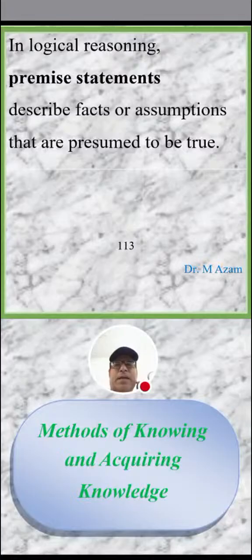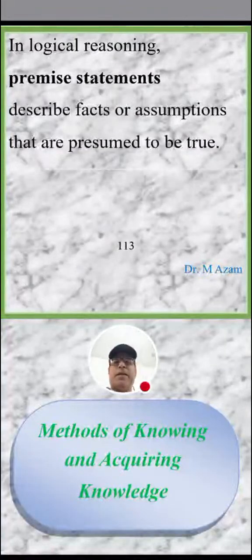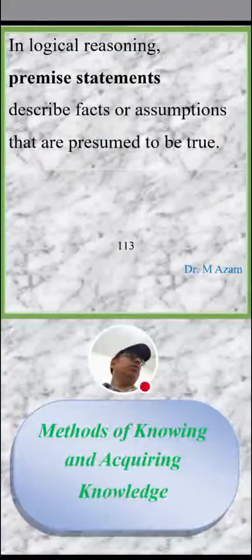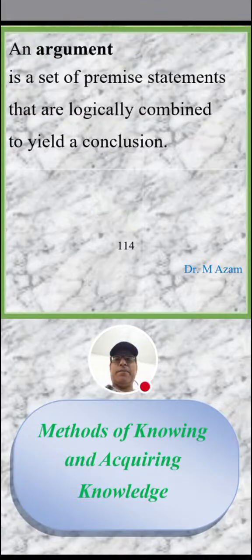One statement is a premise. Two statements are premises. They describe facts or assumptions that are presumed to be true. We assume they are true. We take them as if they are true. Basic statements, which are premises.